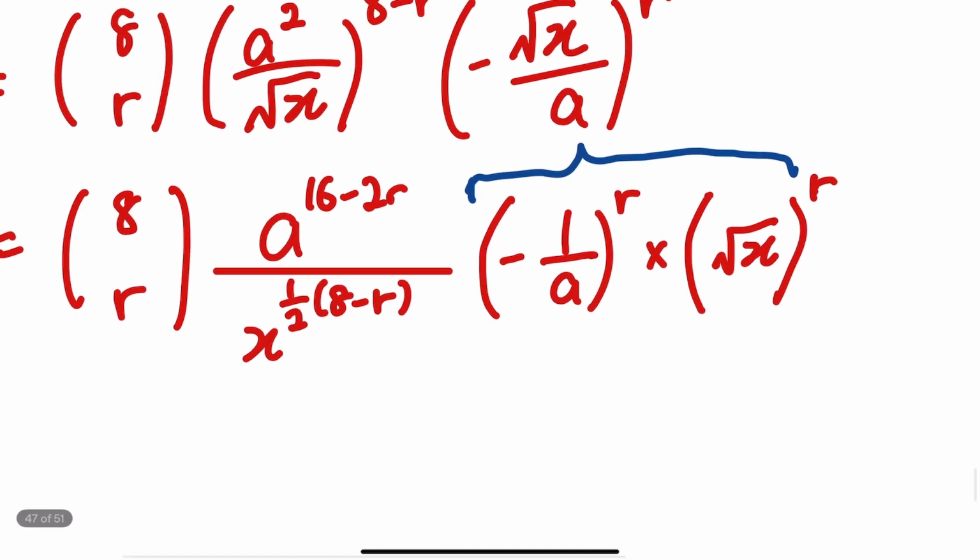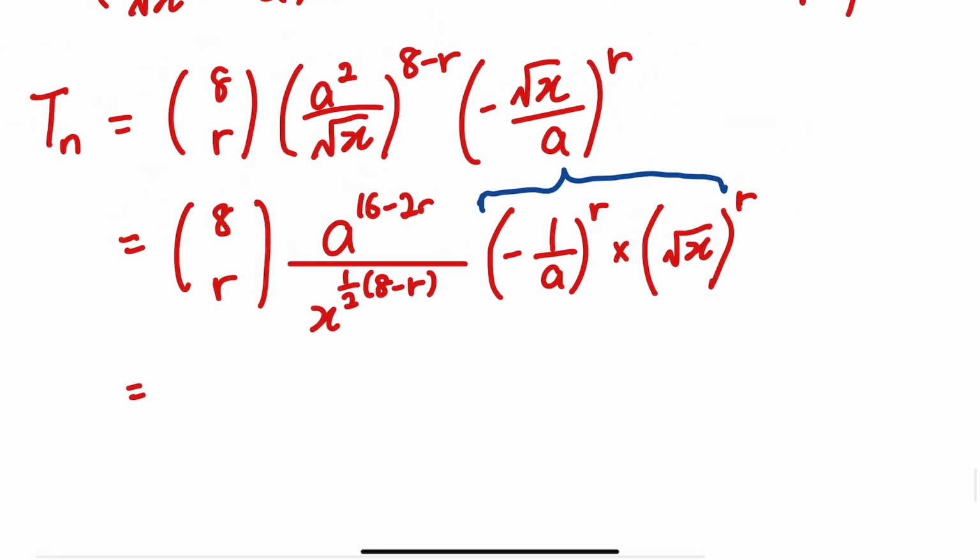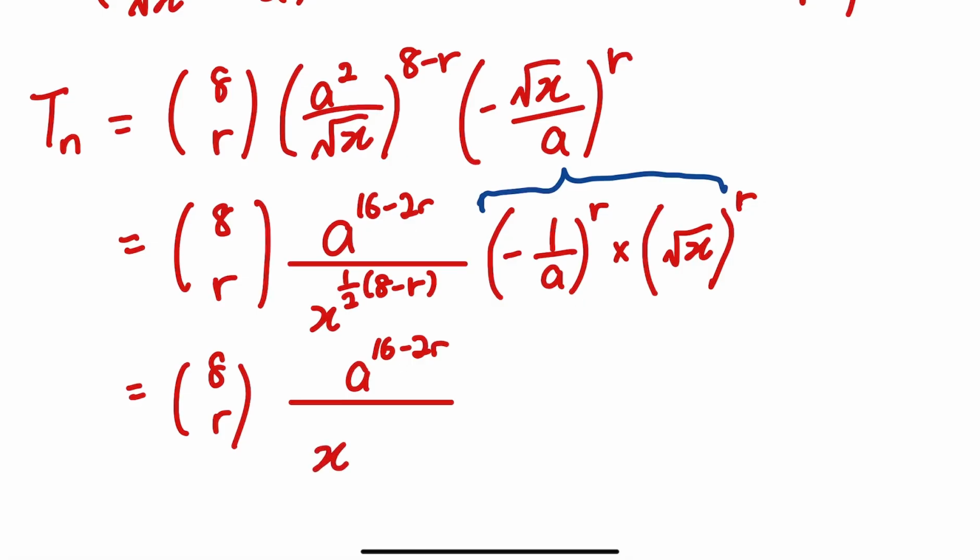So from here, let's continue to simplify. I will get 8 choose r times a to the power 16 minus 2r, denominator is x to the power 4 minus half r, times negative 1 over a, the whole thing to the power r. Actually I can rewrite this to make it even easier.